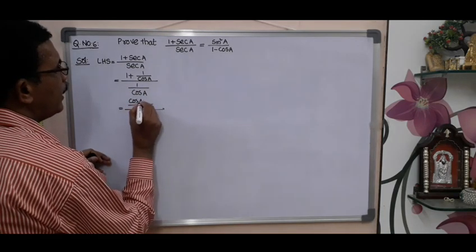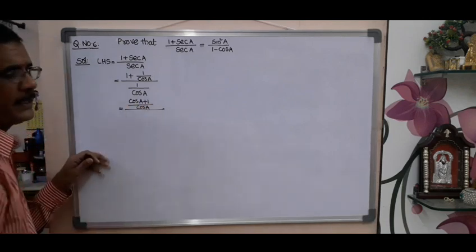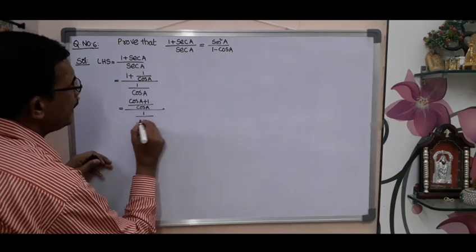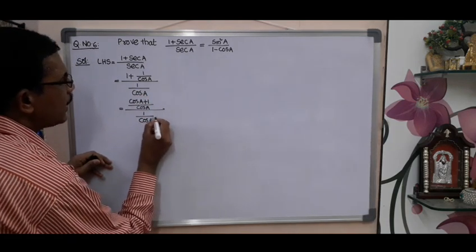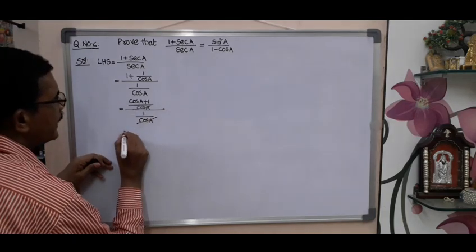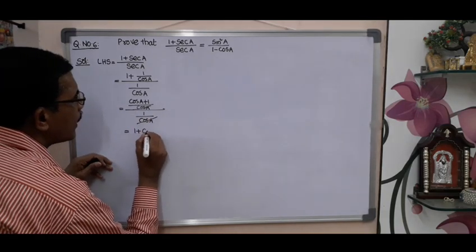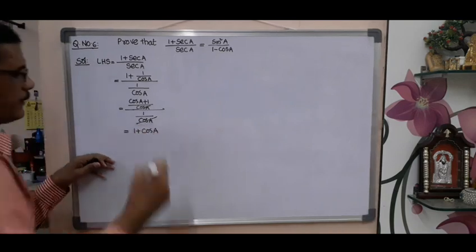Like cross multiplication, cos A plus 1 by cos A, denominator 1 by cos A. This cos A will get cancelled. That is equal to 1 plus cos A. LHS value.